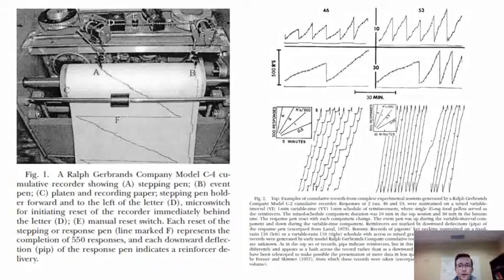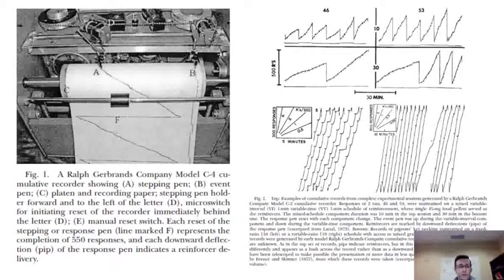Lattal said that the cumulative recorder did for behavior analysis what the microscope did for biologists, which was to provide a way of observing some aspects of behavior that would have been impossible to see without the technology. In the typical experimental arrangement, the cumulative recorder consisted of the following features.